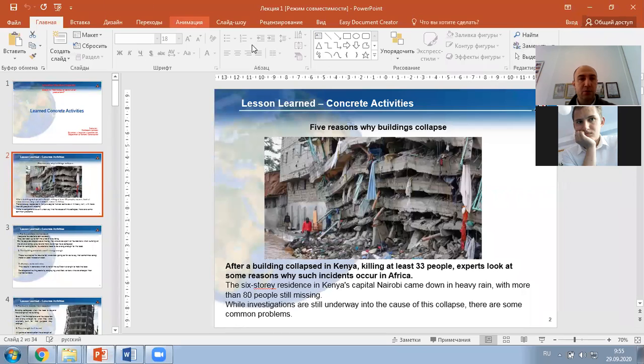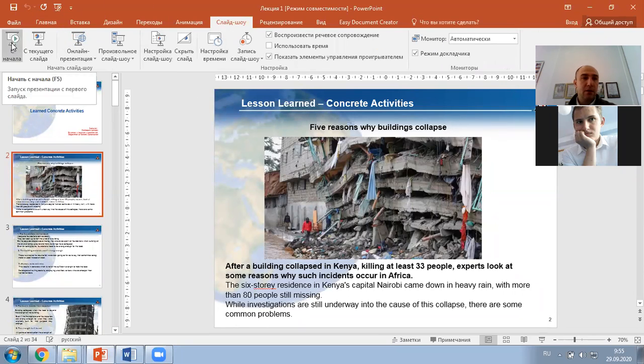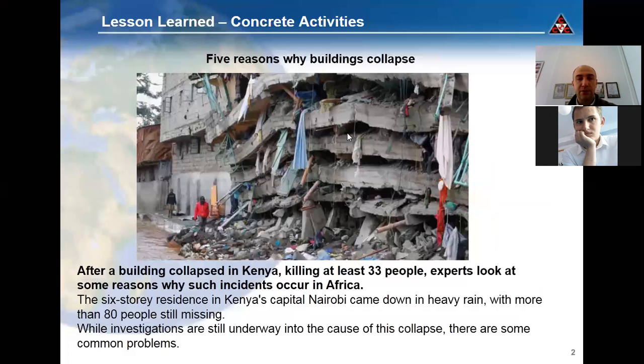What is the most interesting for us? Of course, it is to try to understand what happened, what the main causes and main problems were, why the building collapsed, and how to prevent the same problems in the future for buildings where you will be a part of the designers, or maybe you will take part in the construction, on the construction site, and so on.